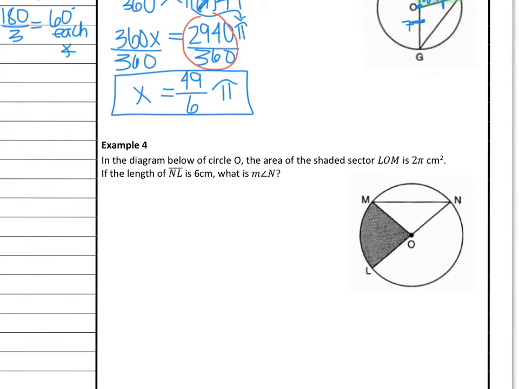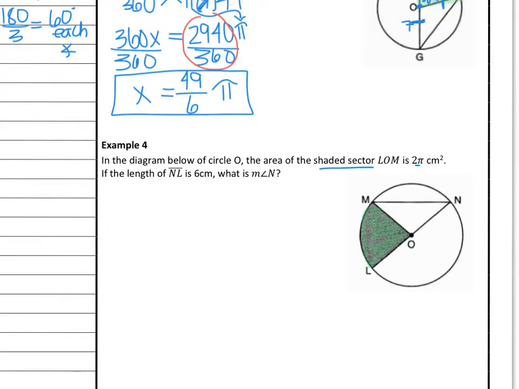All right, our last one here says in the diagram below of circle O, the area of the shaded sector LOM is 2 pi. Okay, so LOM, I'm going to highlight that and draw in that is what they have given us here.